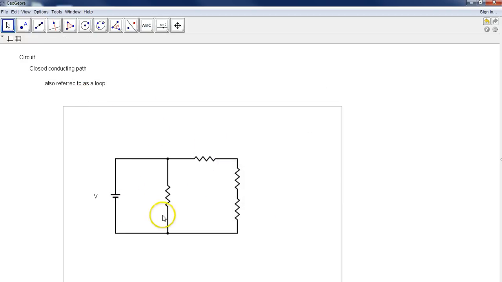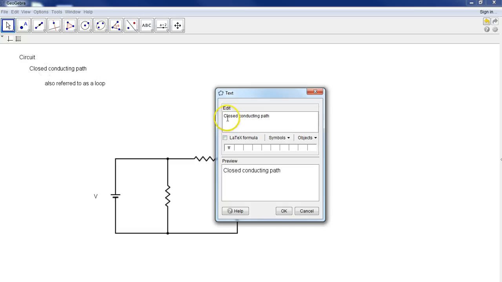So for this particular circuit, we could say, okay, this is a loop through the circuit. This one represents another loop through the circuit. So the minimum condition for a circuit is a closed conducting path, but a circuit could be a set of loops, a set of closed conducting paths. So maybe I should qualify this definition here, and we'll say a set of closed conducting paths.